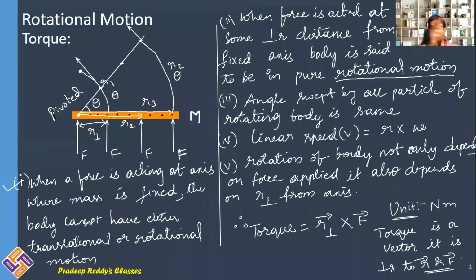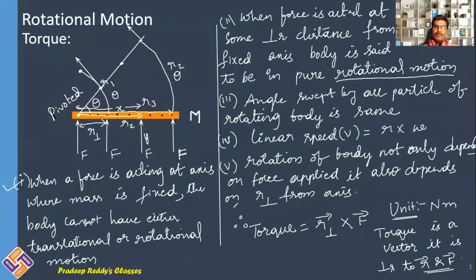Here the perpendicular distance r perpendicular is along the x-axis, and the force is acting along the y-axis. So R bar and F bar are perpendicular to each other. Then the torque will be acting along the z-axis, because torque is always perpendicular to R bar as well as F bar.